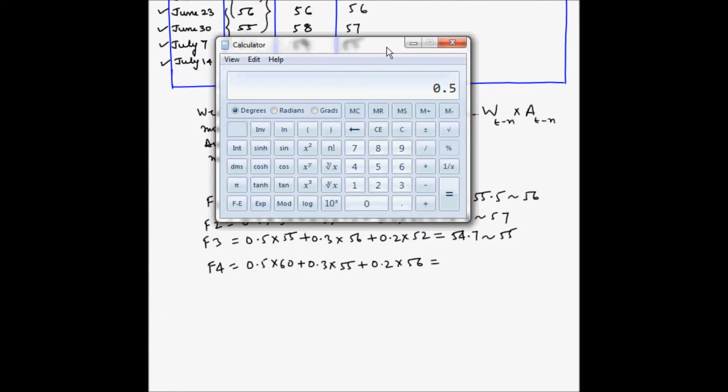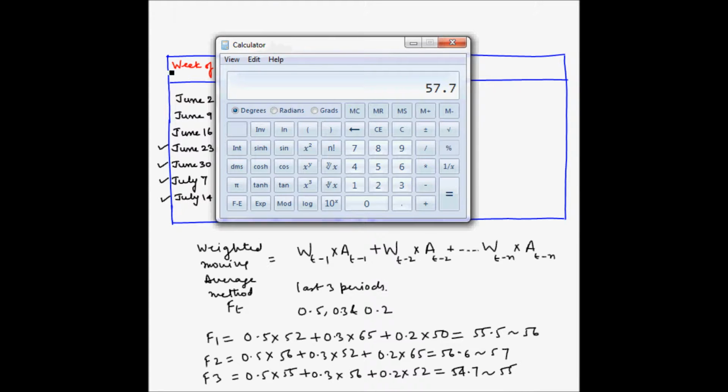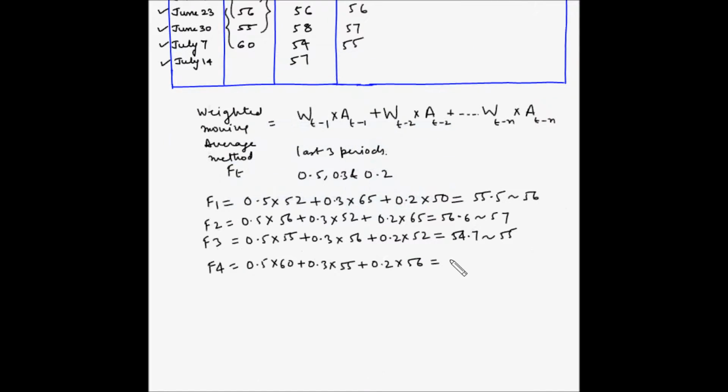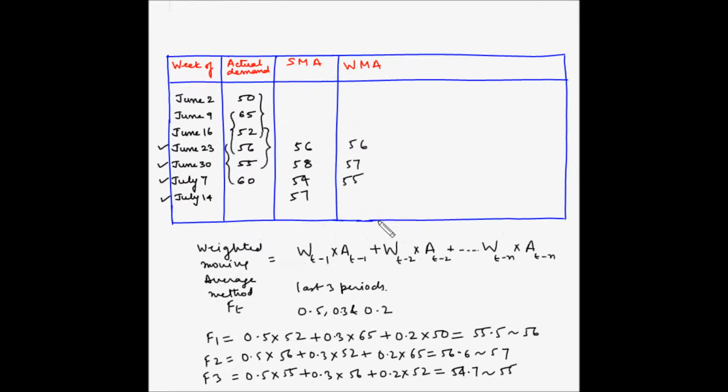So the forecast is 57.7, which can also be rounded up to 58. So the forecast for July 14th is 58.